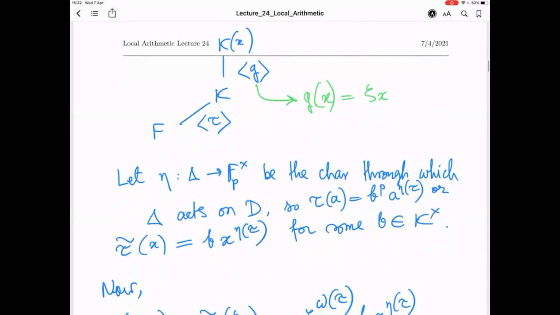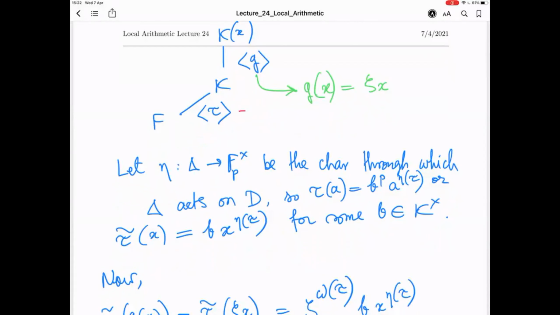Let me denote by tau a generator of delta, and by G a generator of this Galois group here.